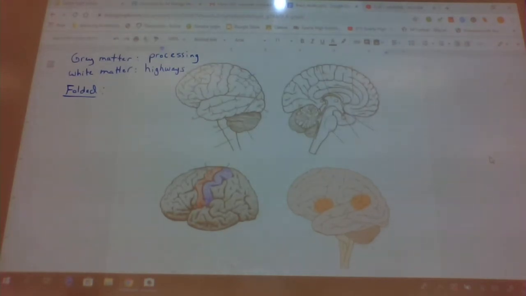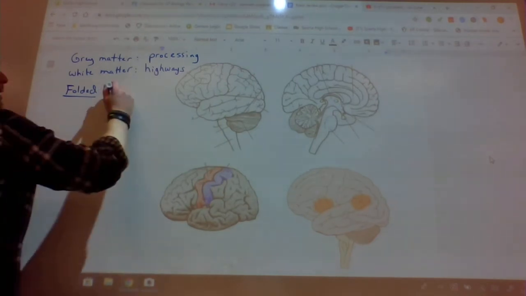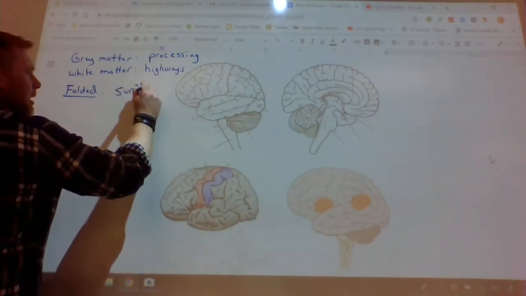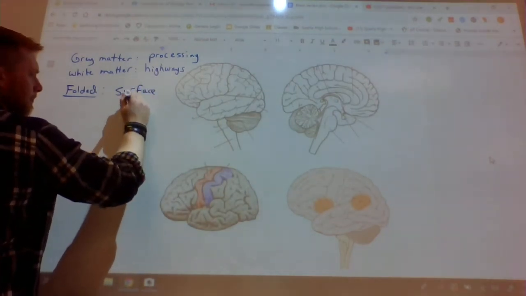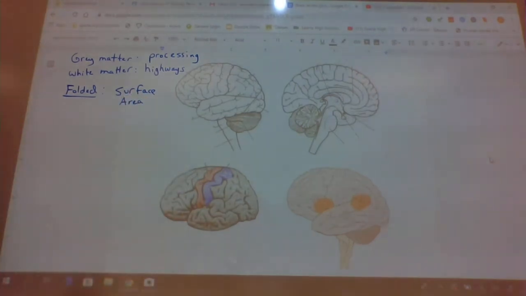It's all about increasing surface area of the brain. And that should make sense to you because we said that thinking occurs on the outermost parts of the brain. So the more surface area the brain has, the more thinking can take place, or the smarter you are.